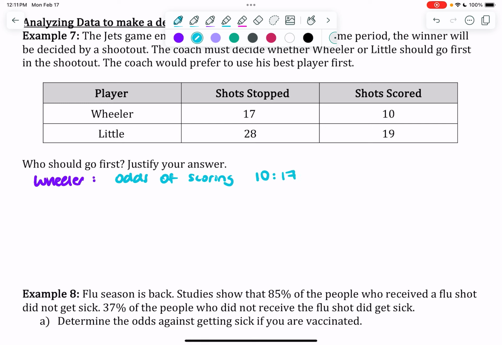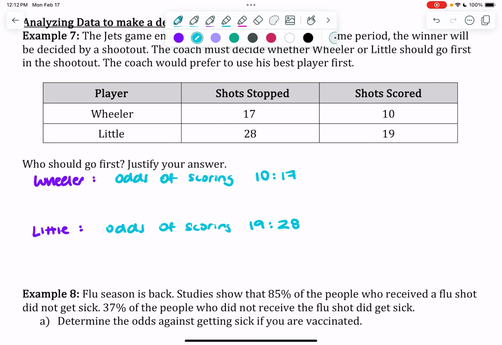I could do the same thing for Little. I'm going to leave some room because we'll see that we can't directly compare these back to back. Once we compare the odds here, write down what the odds are. So the odds of Little scoring are 19 to 28. But we just don't look at that and go, oh yeah, I know who I should choose, because the numbers are so different.